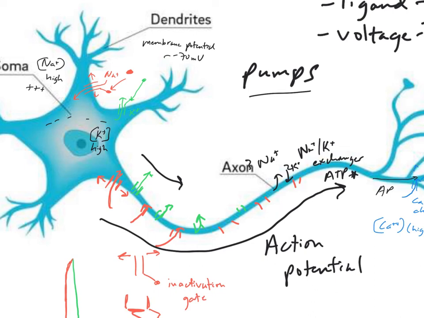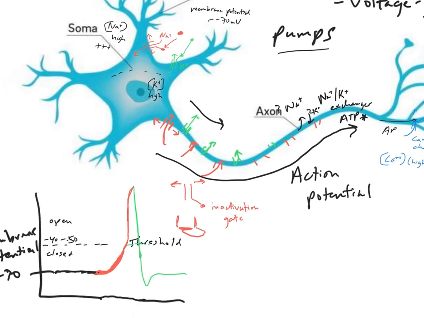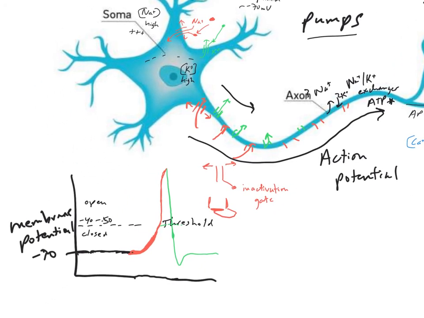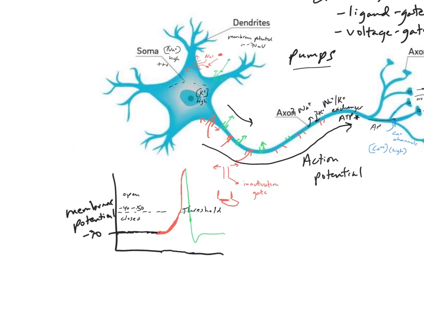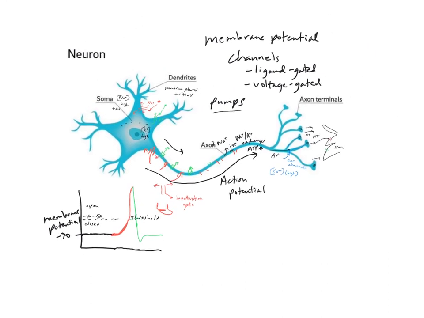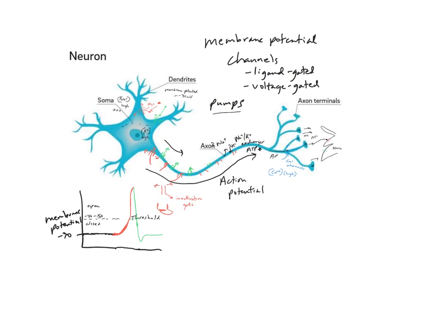And this is restoring the gradient so that this neuron can continue to fire. In doing so, we have restored the resting membrane potential. We have also restored the gradients that allow the neuron to fire when the voltage-gated channels open, so that sodium floods in, potassium floods out, and this whole cycle of depolarization, repolarization occurs so the action potential can happen, and one neuron can signal to the next.